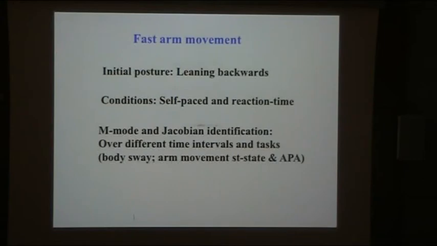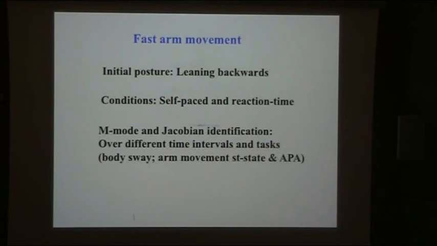This was done on purpose because if a person stands quietly normally, the EMGs of most of the muscles are pretty close to zero, so you cannot record much. But we need to know synergy indices before the action. In order to make sure that these EMGs are not zero, we gave our subjects feedback on the location of the center of pressure and asked them to stand leaning backwards, and then do this type of movement.